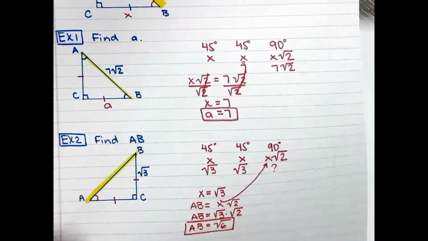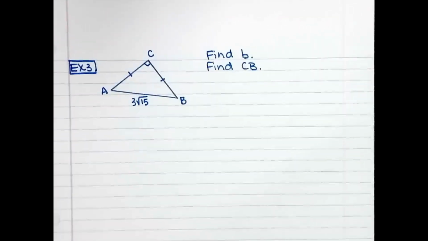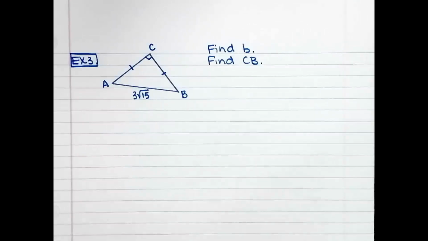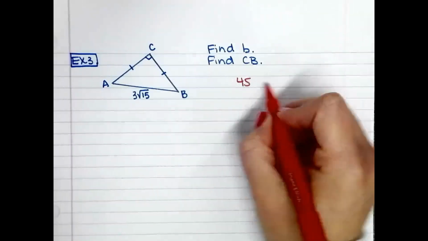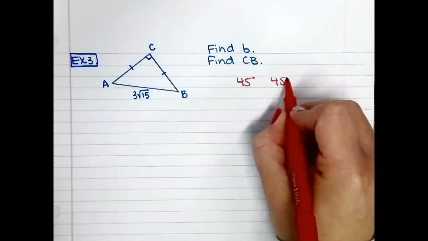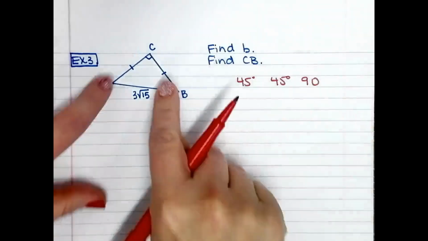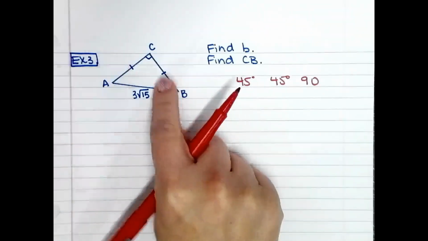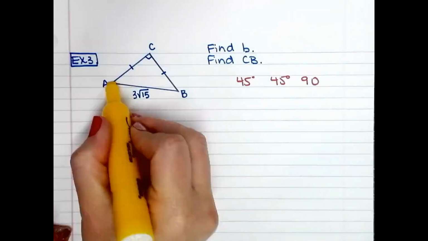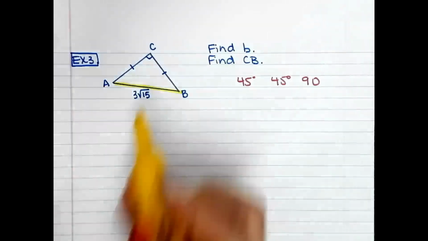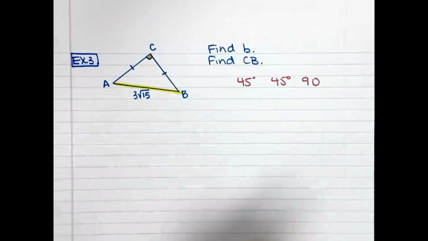I have one more question. This one is also a 45, 45, 90, and I know that because these two legs are congruent. So this is the hypotenuse, directly across from the 90.